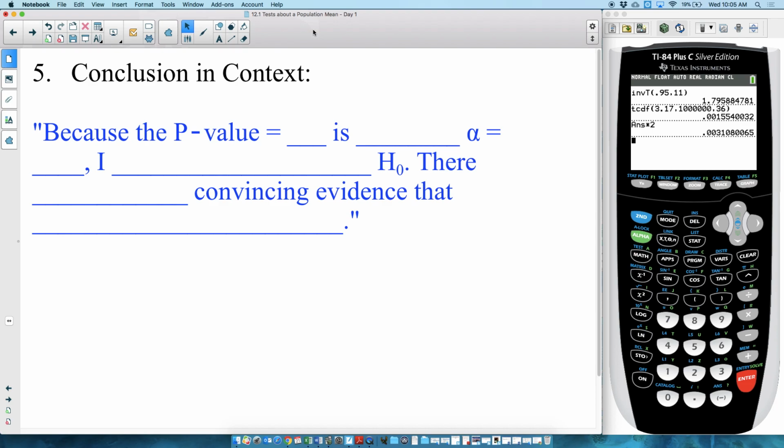So again, our conclusion in context. Because the p-value equals whatever it equals, and I'll write it in two different colors, it could be less than, or it could be greater than. Oh, no, it's not going to let me write.